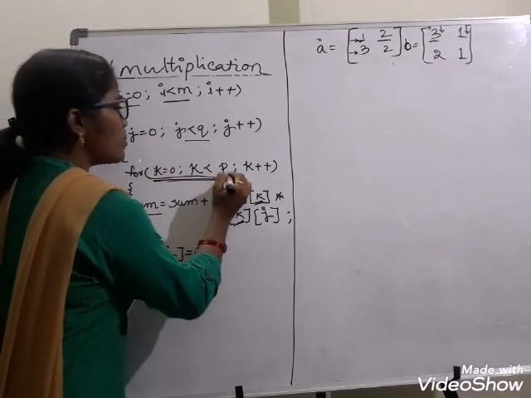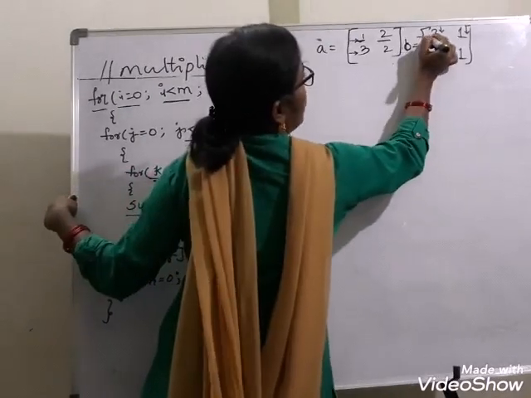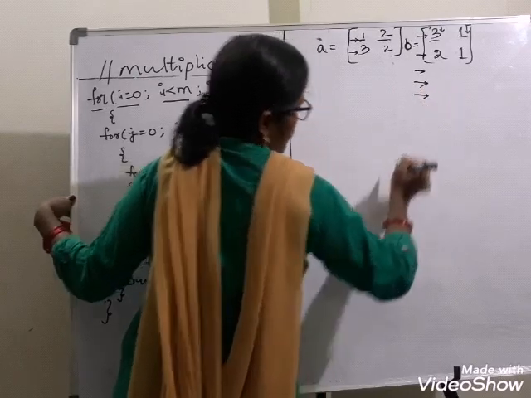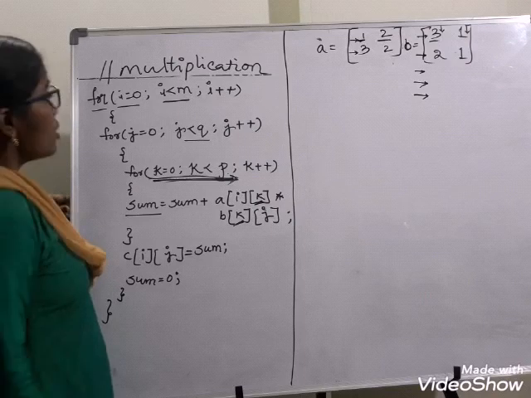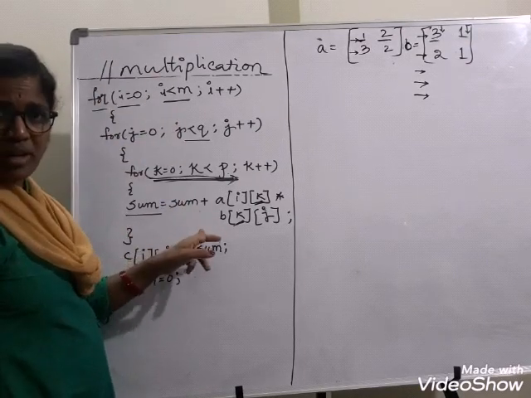That loop variable goes up to p. Why p? Because I have to do it for all these 3, and suppose if I have any more also. For that reason, I will take the p value also. So m, q, p. Based on this, I have a logic.